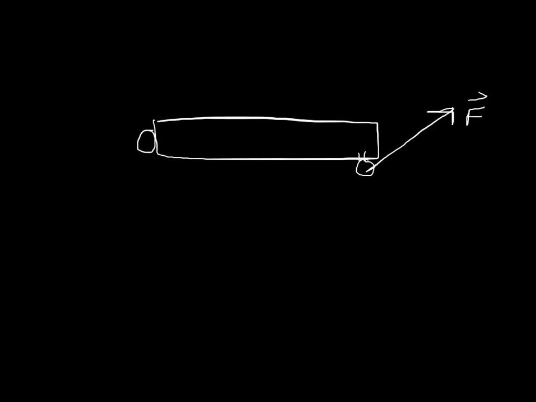Now, I'm trying to make this door swing in this direction. So I'm trying to make the door, from the direction I'm pushing on it, swing up and over, up and out around this axis of rotation.